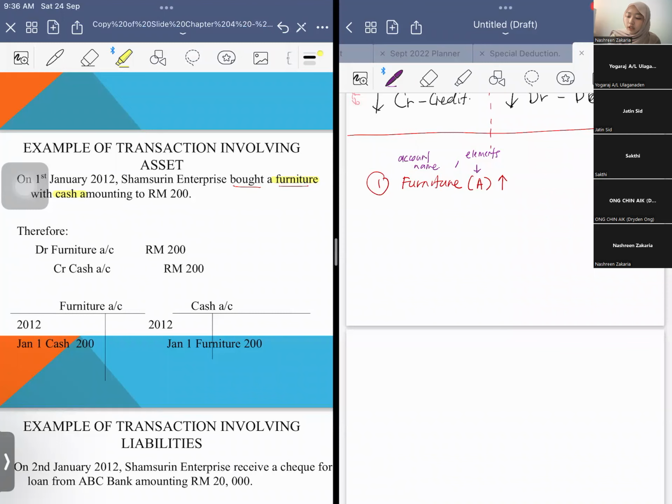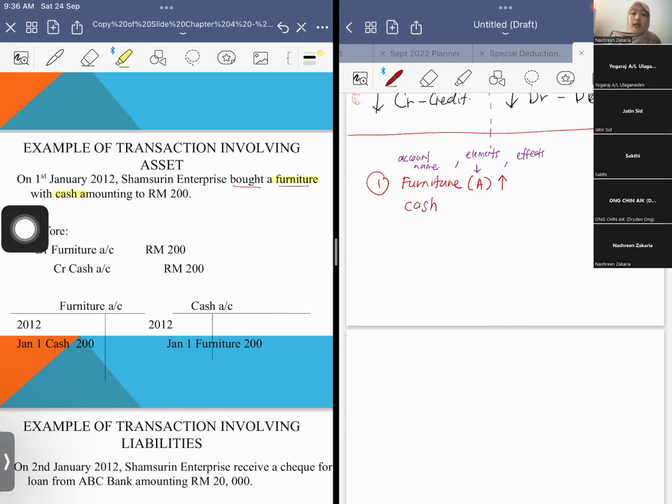And then this arrow here is the effect, whether it will increase or decrease the element. Like I mentioned just now, one transaction cannot have only one effect. There must be at least two effects. So the first effect is furniture, and then the second one is cash.